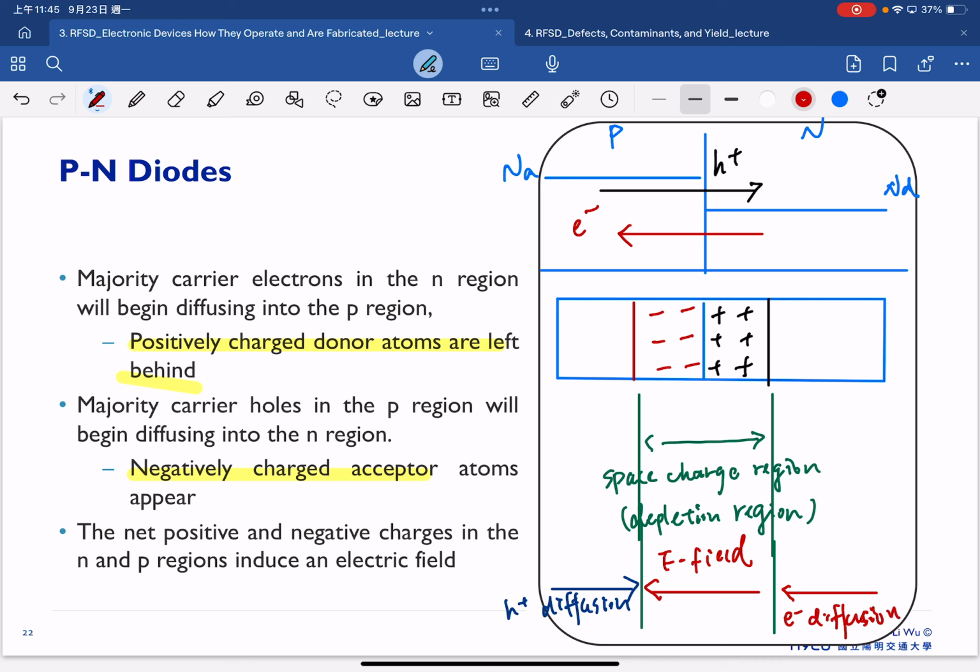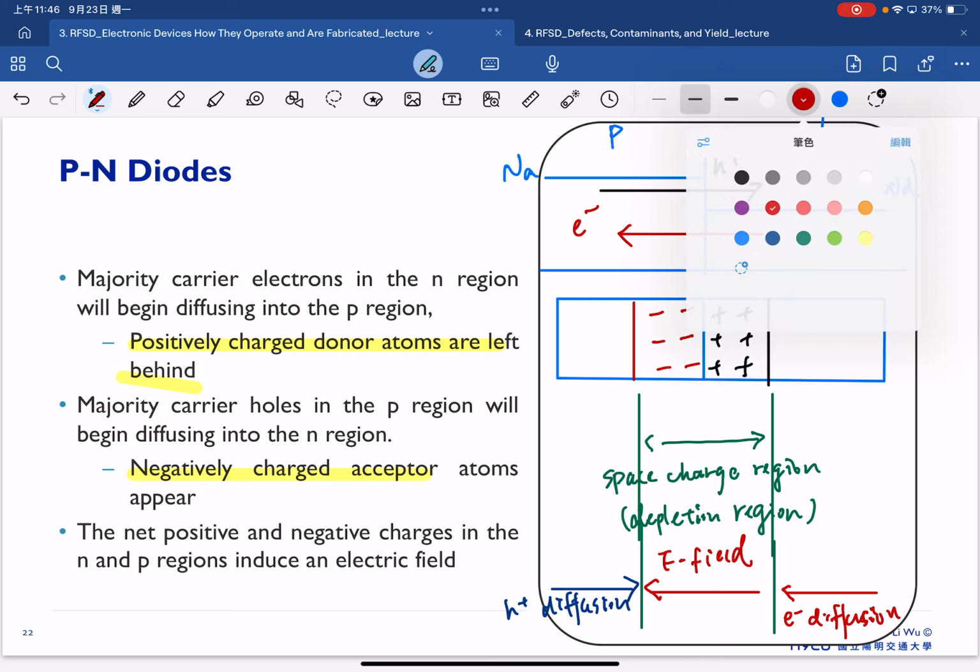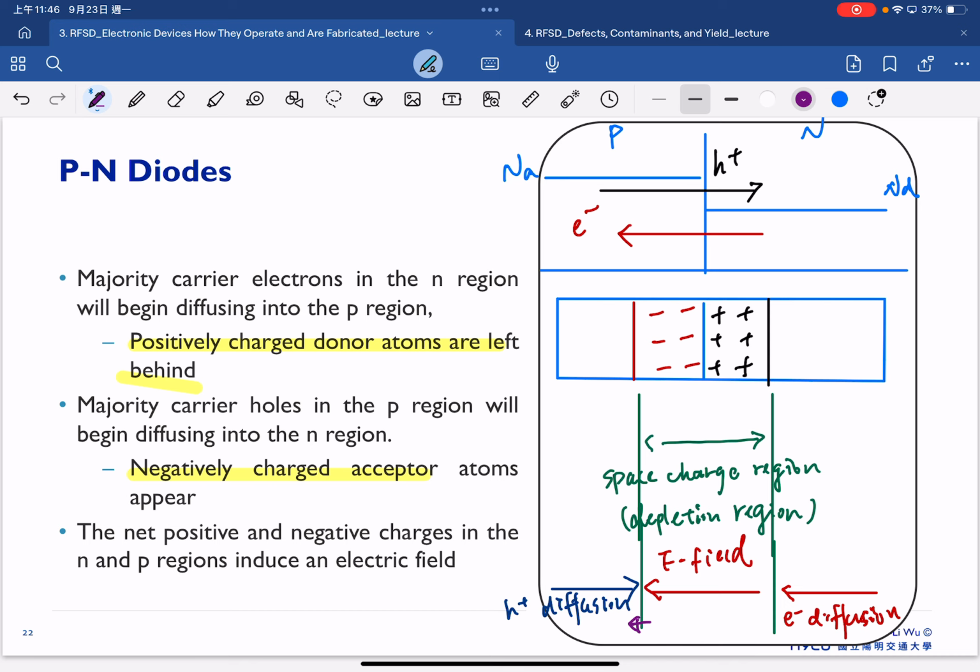So now we can finally understand why the diffusion will not continue to happen: because of this electric field. This electric field will try to push the holes back to the left, even though you have hole diffusion here. And this electric field will also try to push the electrons back to the right.